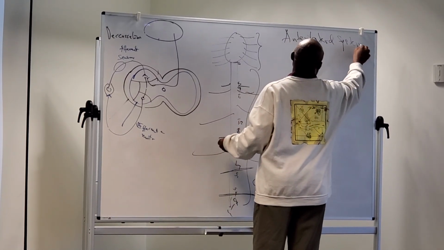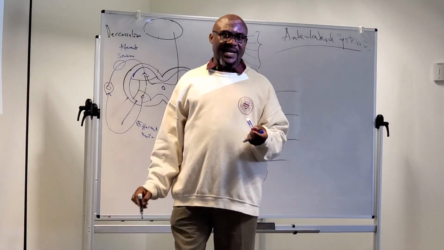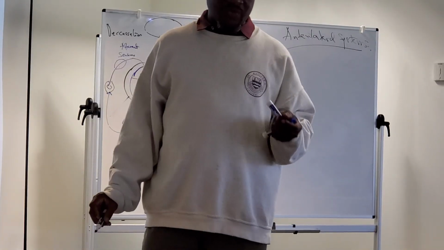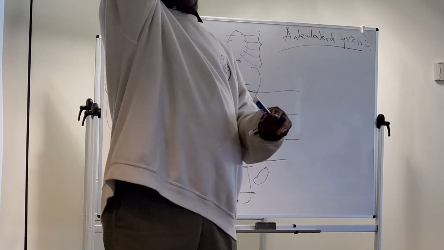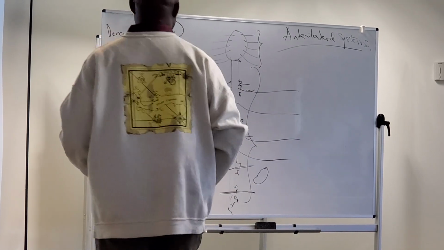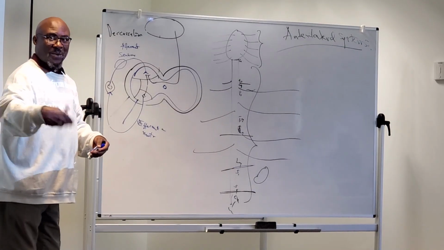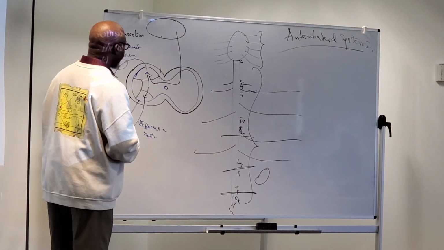So there are 3 major tracts that belong to these anterolateral tracts. That means tracts that decussate at the spinal cord level before ascending to the brain. I'm just laying this general overview so that by the time we start watching our slides, it's going to be much easier. So this is number 1.